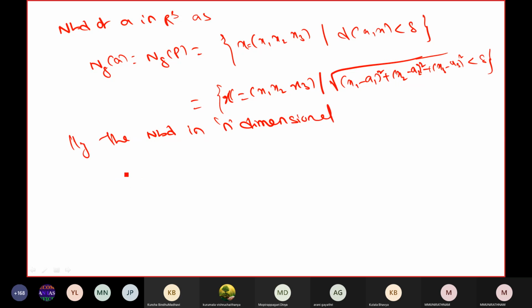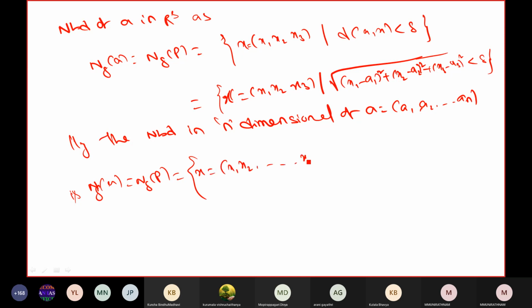Similarly, the neighborhood in n dimensions, A equal to a1, a2, and so on, an. N delta of A is N delta of P. Here also we find X such that X1, X2 and so on Xn, such that D of A comma X is less than delta.